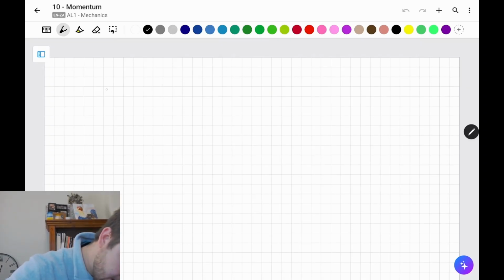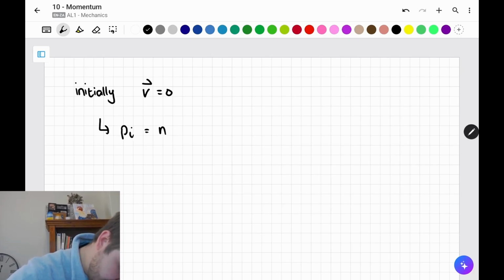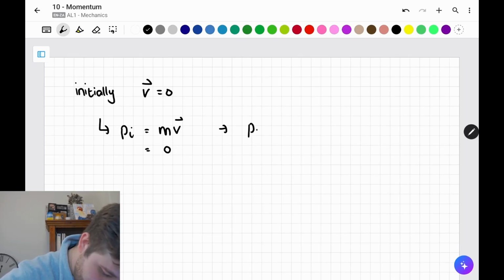Okay, so they are saying here that initially the velocity of the rifle is zero. So that means that the initial momentum, the mass of the rifle and the bullet and their velocity, should also equal zero. From conservation we know that the initial momentum is equal to the final momentum. Therefore, the final momentum should equal zero.